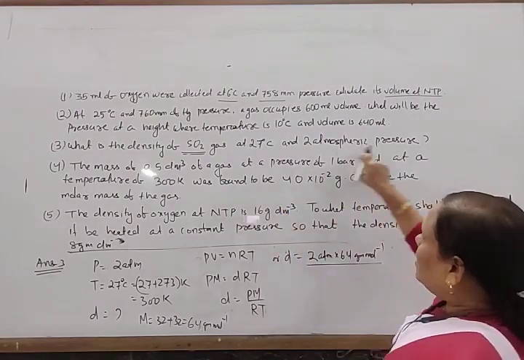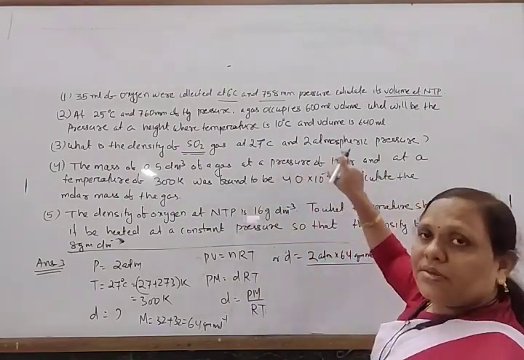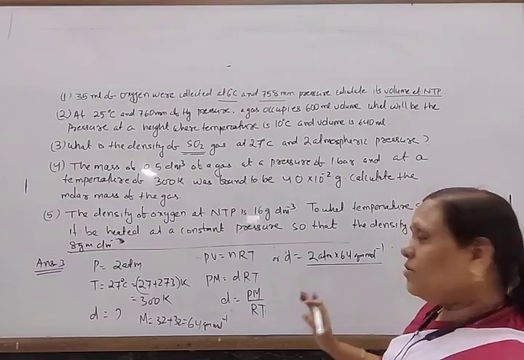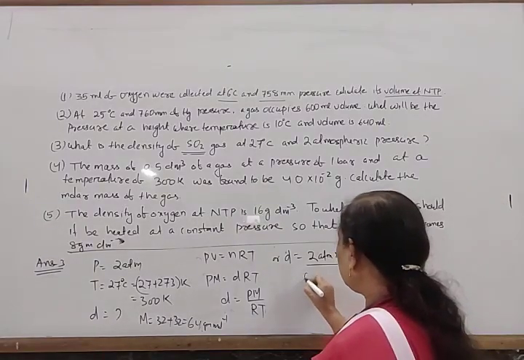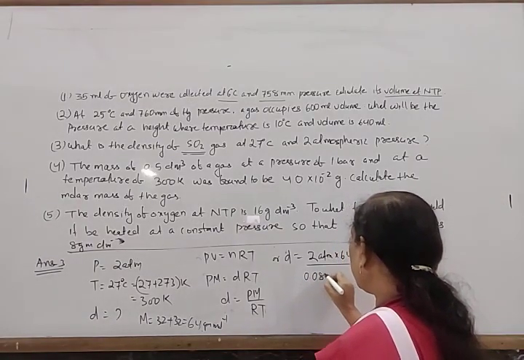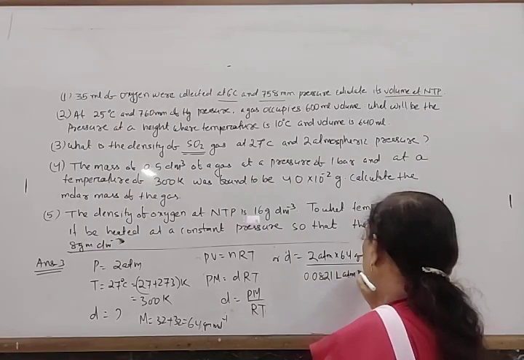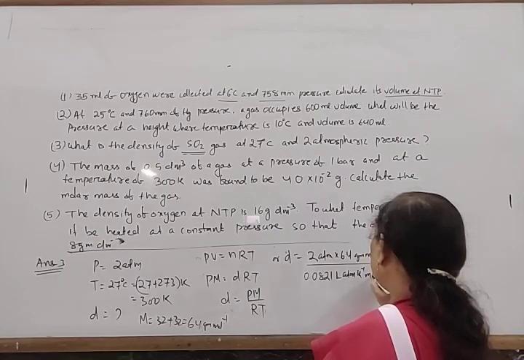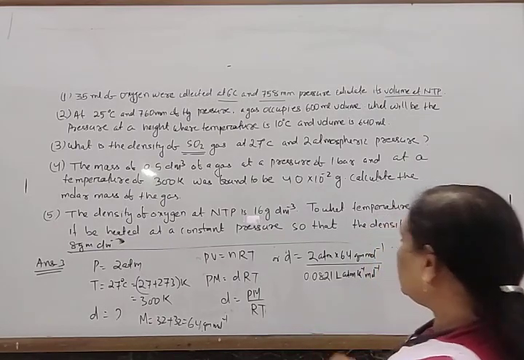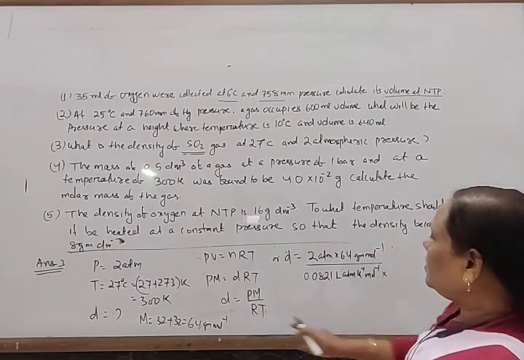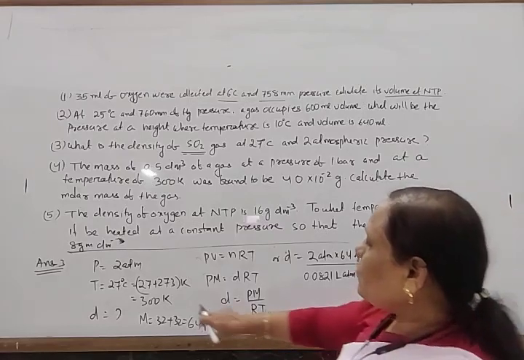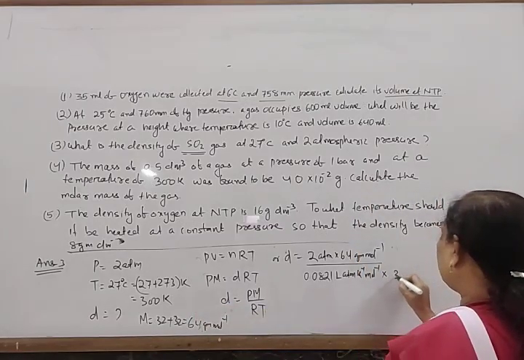Depending on the units given, you can substitute the value of R. And T is given, 300 Kelvin.